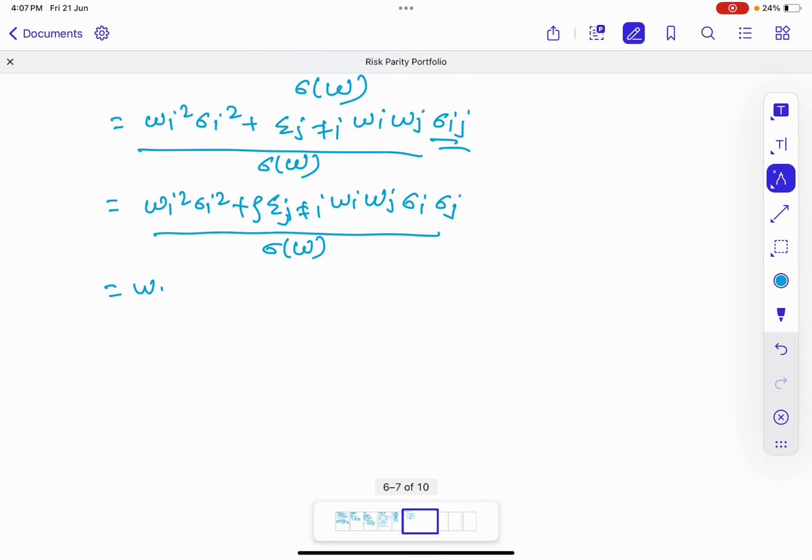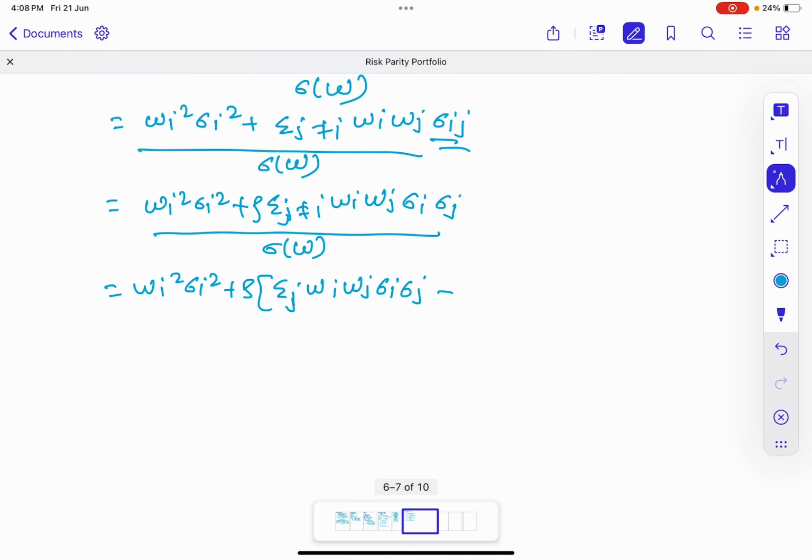So let us try to manipulate it a bit. We will write it for all j, so it will include that j as well for which j equals i. So this will be equal to omega i omega j sigma j. Now we have included all j, right?